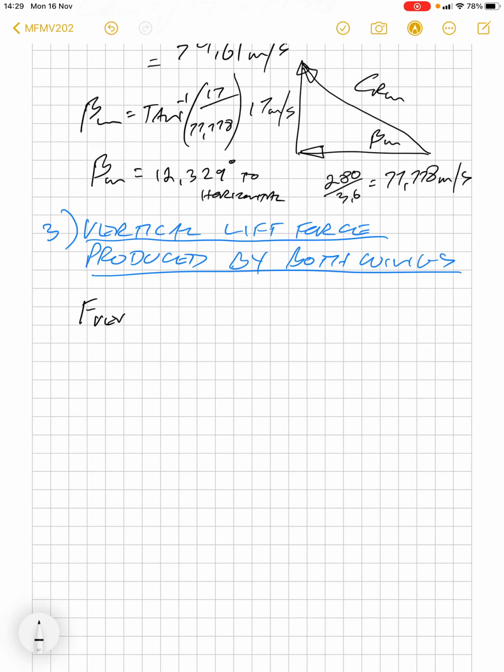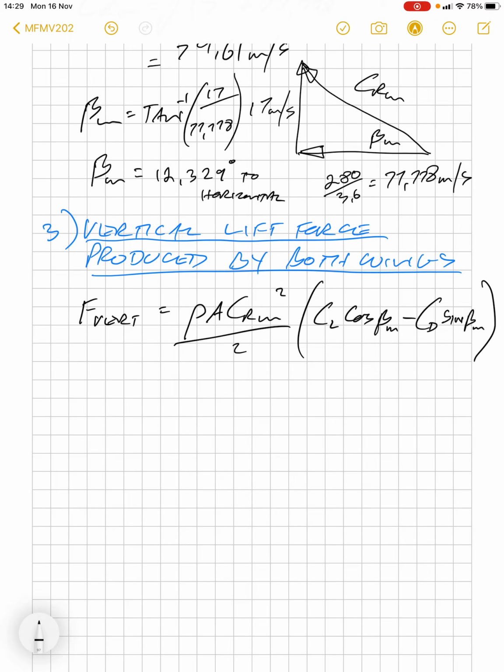So F vertical is rho A CRM squared over 2, we've got CL cos beta minus CD sine beta. Those components being in opposite directions.